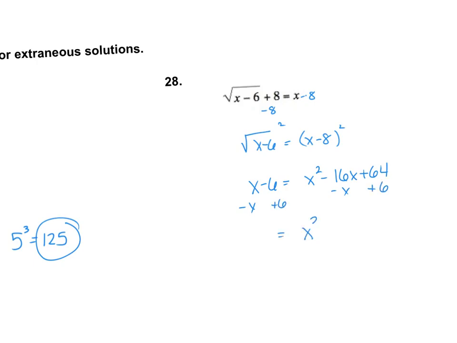So we get x squared minus 17x plus 70, x minus 7, x minus 10, x equals 10 and 7. So 10 minus 6 is 4 plus 2, 8, yep, 7 minus 6 is 1. 7 does not work.